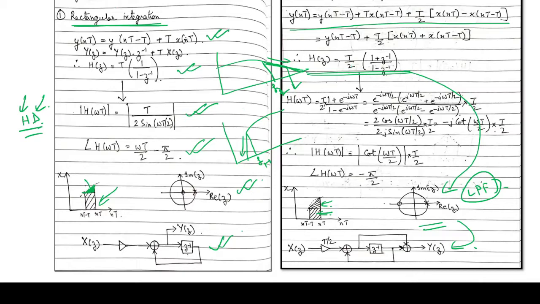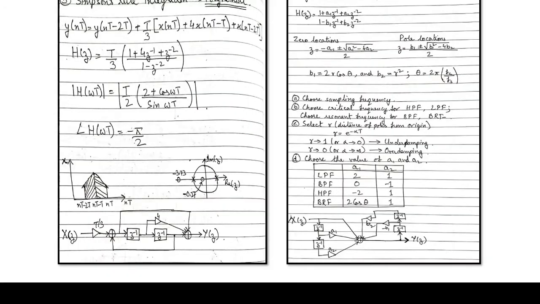So we have this rectangular integration, and its equation is given over here. We have the trapezoidal integration, and its equations and all these things are given over here. Then we have Simpson's rule integration, which employs a polynomial integration method. Its equation and transfer function have been given over here, and its pole zero plot looks something like this. And what is the main advantage?